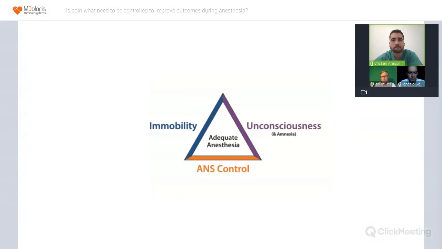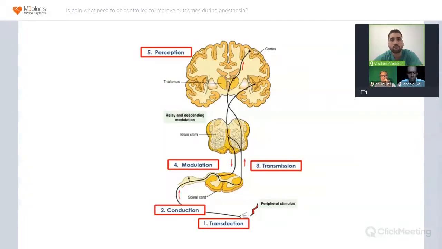So it's clear that we have to control the autonomic nervous system, and the fact here is that depending on where we act along this nociceptive pathway, depending on the anesthesia performed and depending on the drugs used, we may have more or less blockade of this autonomic nervous system and more or less blockade of this sympathetic response.